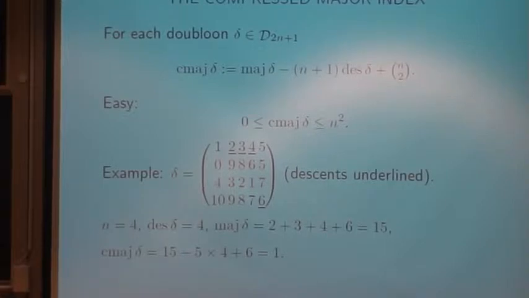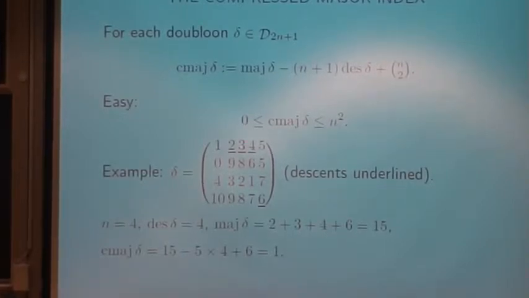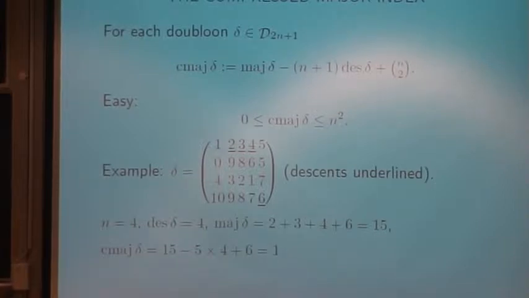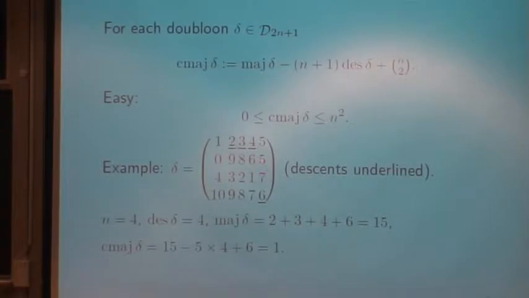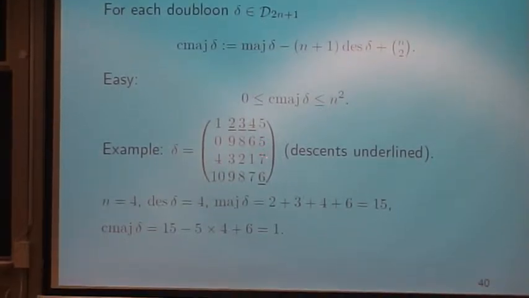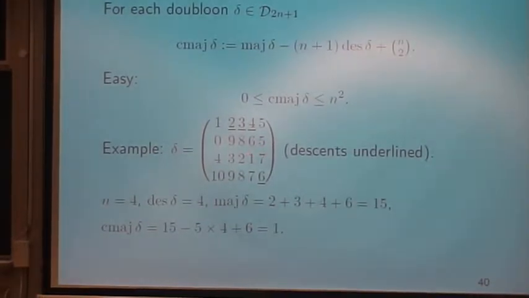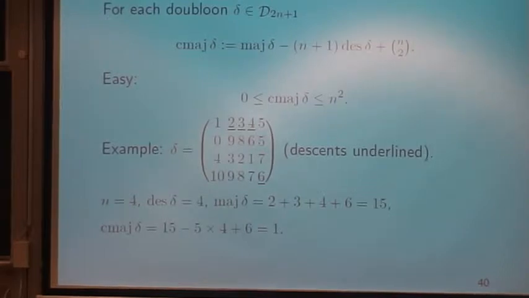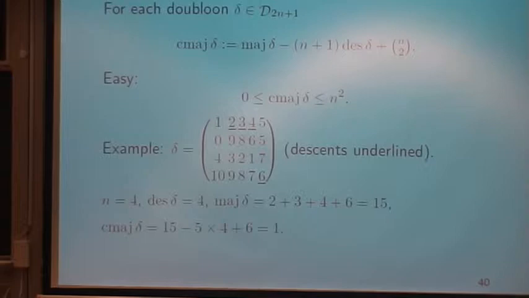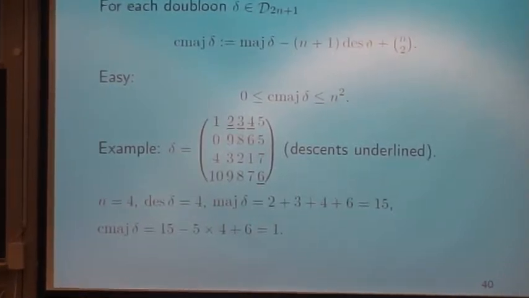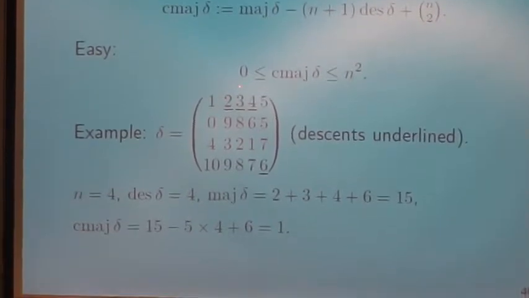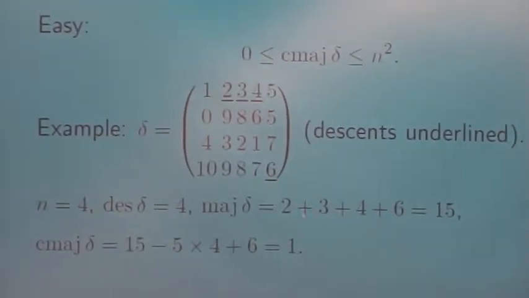We have a descent at position 3: 8 is bigger than 6. We have a descent at position 4. No descent between 5 and 7. But there is a descent between 7 and 1, and no more descents. So there are 4 descents. The major is 2 plus 3 plus 4 plus 6, which is 15.